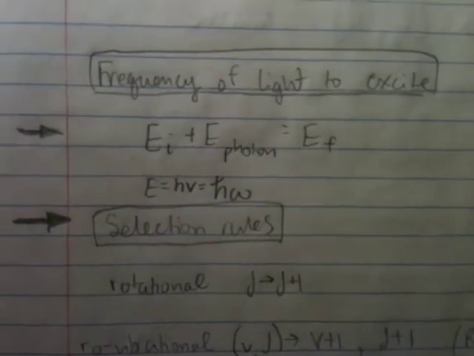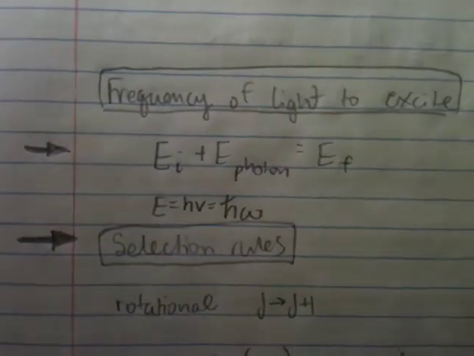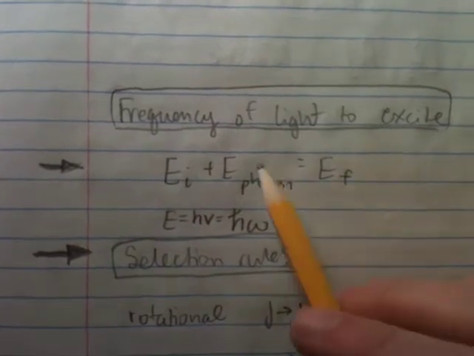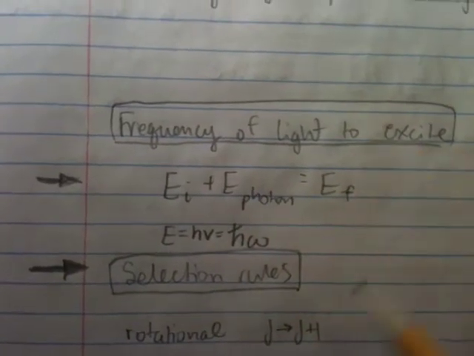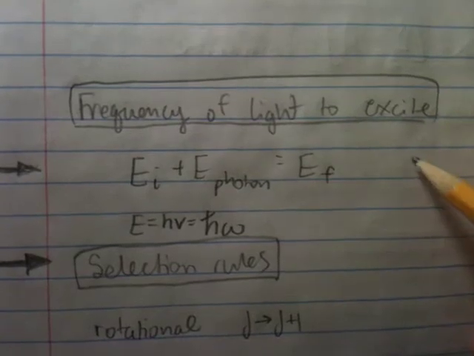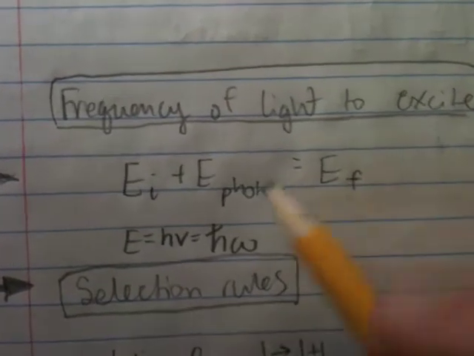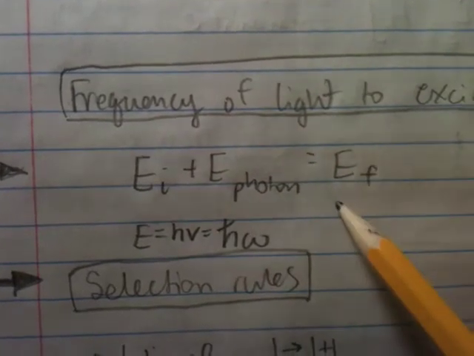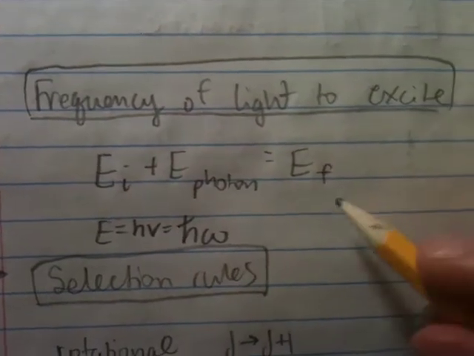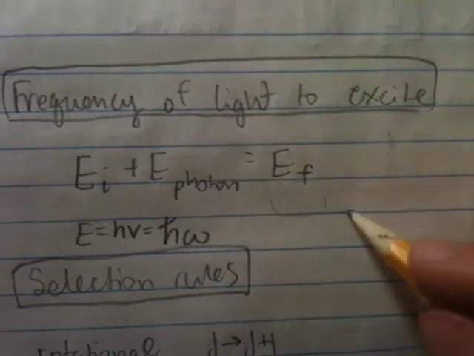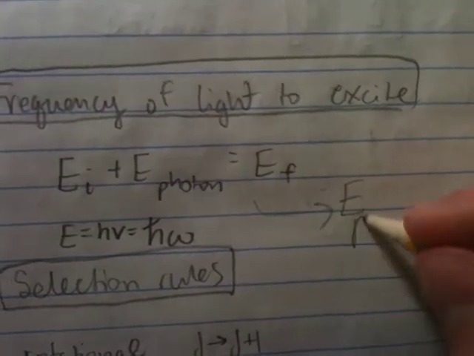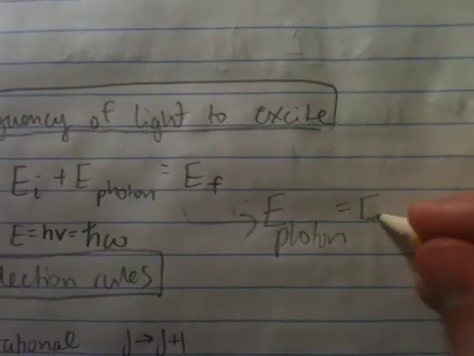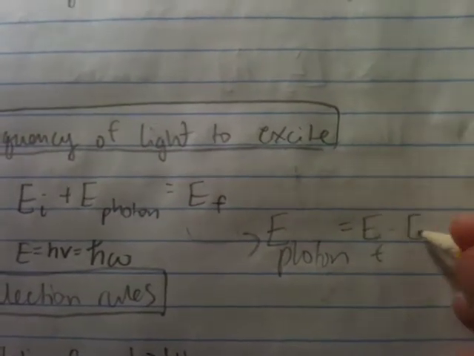One final note for the midterm review is this concept of the frequency of light needed to excite some sort of molecule, to excite electrons. The initial energy plus the energy of the photon will yield the final energy. So, rewriting this, the photon energy will equal the final energy minus the initial energy.